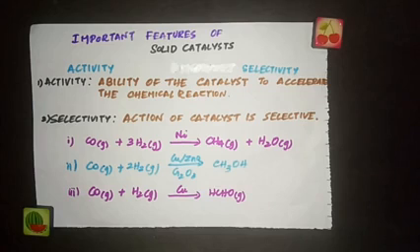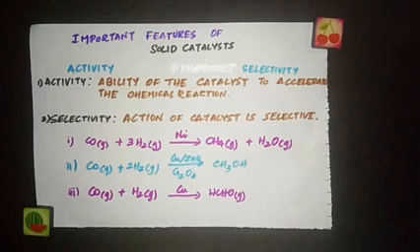So the reactants must get adsorbed strongly on the surface of the catalyst to become active. So we have seen in the adsorption theory, the reactant molecules get adsorbed on the surface of the catalyst. So then only the chemical reaction takes place. So the reactant molecules must get adsorbed reasonably strongly on the surface of the catalyst to become active.